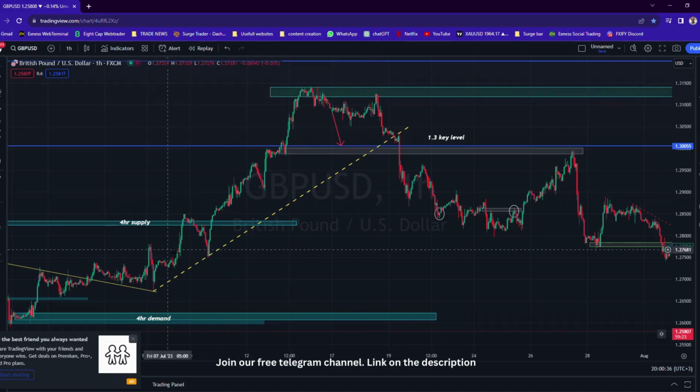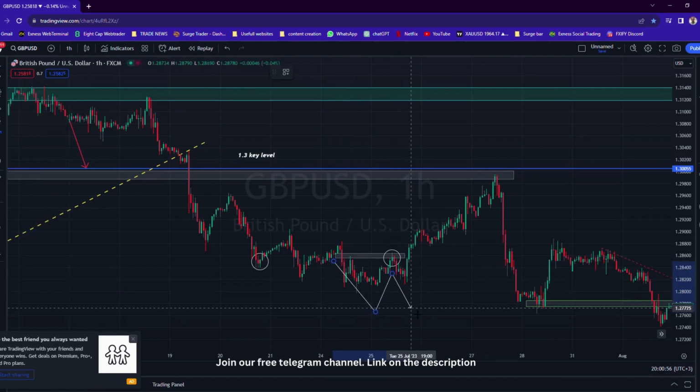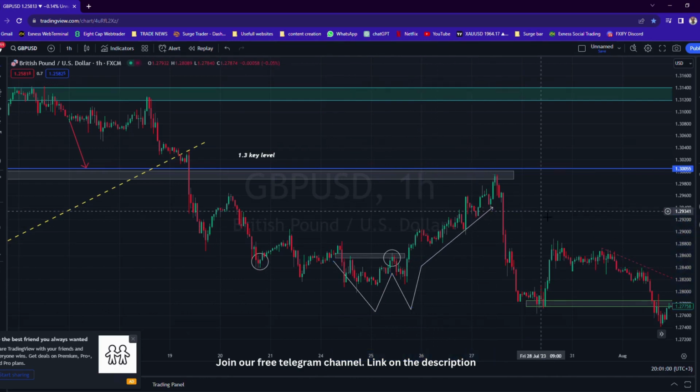So this impulse move to the up created a double top, which ended up in a change of direction to the downward side, and also this move to the downward side created equal lows that created a double bottom. As you can see here, a double bottom that created a move to the upward side.